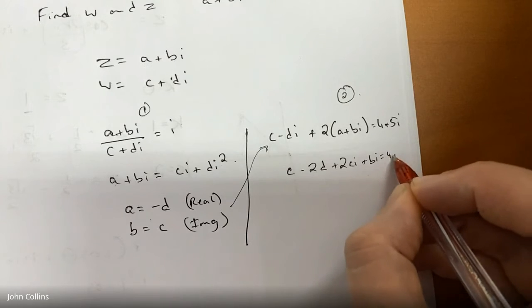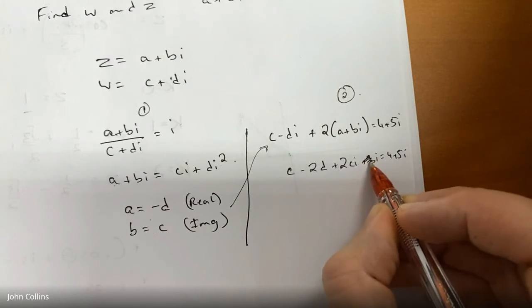That last one is minus DI. Yep, okay. And then equating the real and imaginary, you get C minus 2D equals 4, and 2C minus D equals 5. And then that's just solving the simultaneous equations.